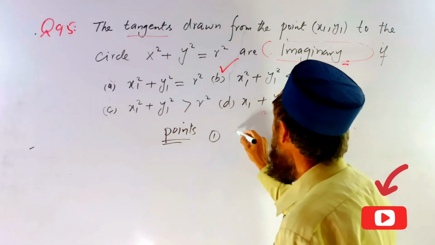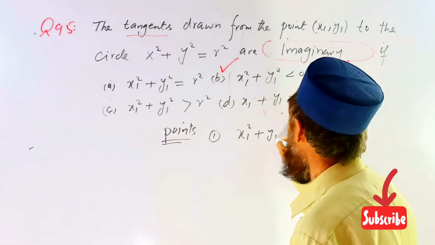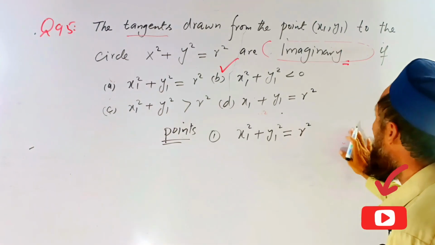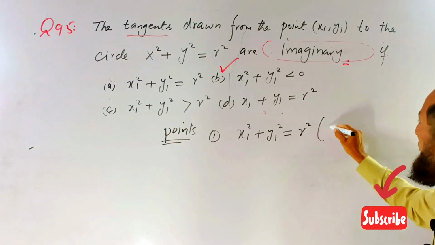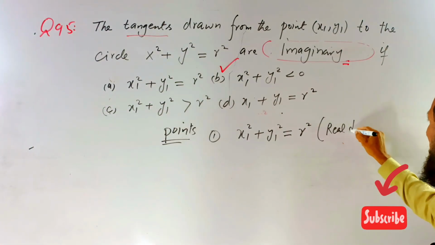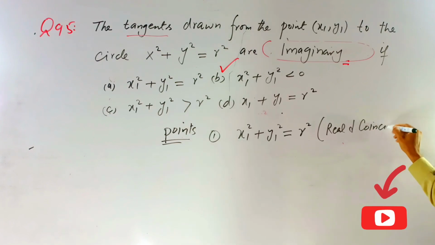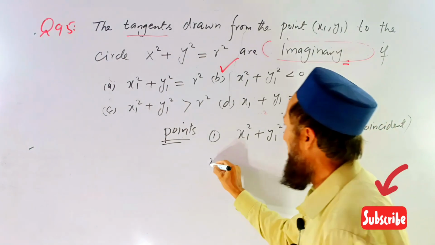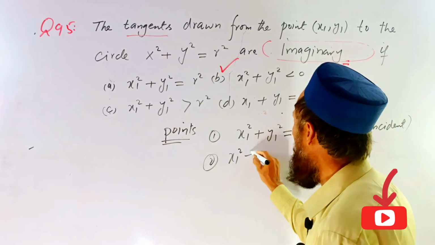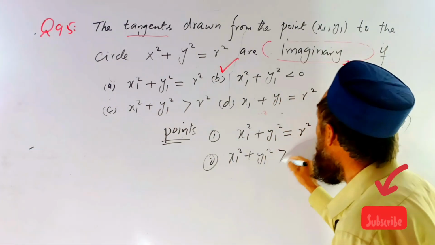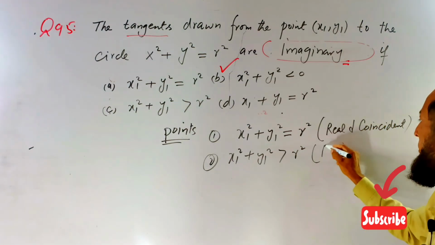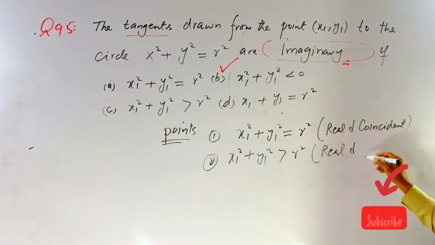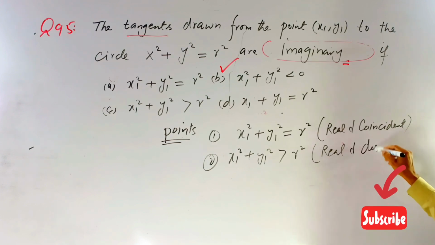Number first is x1 square plus y1 square is equal to r square, in this case the tangents are real and coincident, which means they coincide. And the second condition is x1 square plus y1 square is greater than r square, so the given condition is real and distinct.